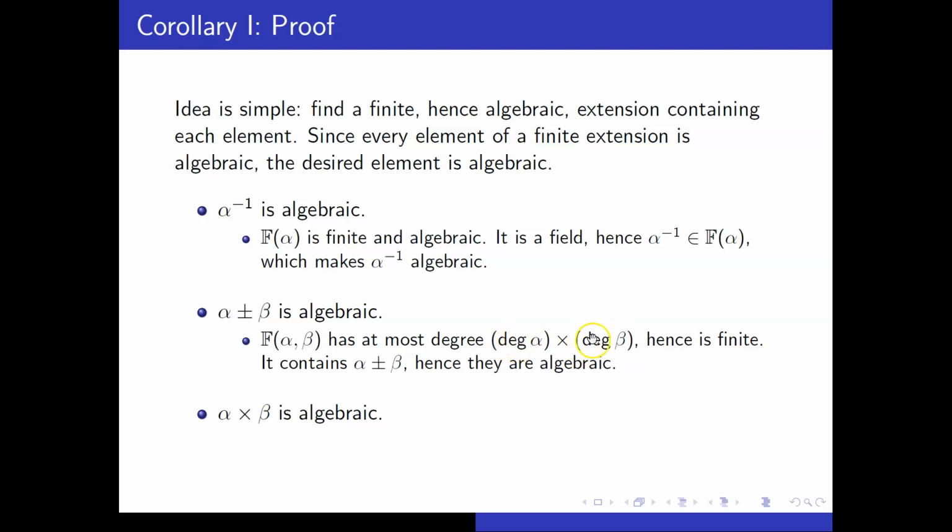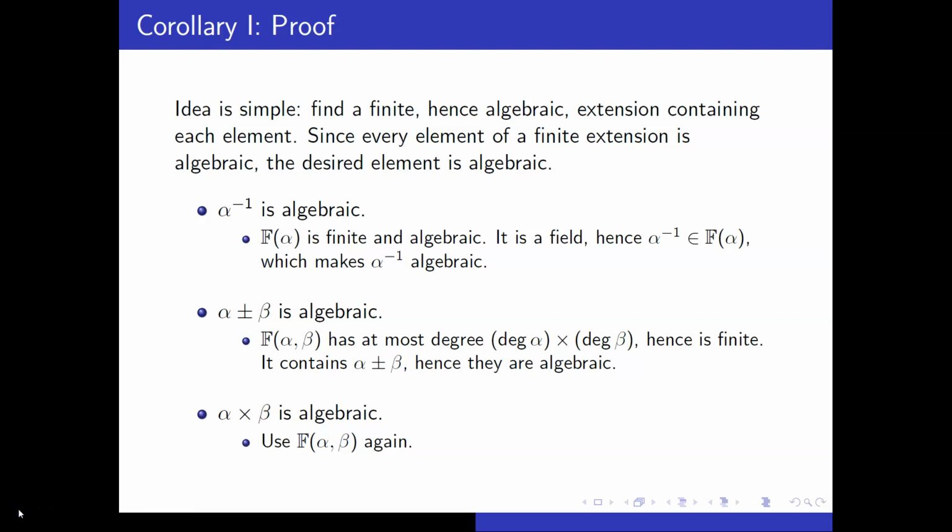Whatever its degree is, it's at most this, but that's finite. And this, because it's a field and closed, has to contain alpha plus beta and alpha minus beta. Hence, they're algebraic. All right, and if you think about it, the same thing works for alpha times beta, because alpha and beta are both in here, hence their product is in here. So those are all algebraic, and we get them to be nice and algebraic without having to construct any polynomials.